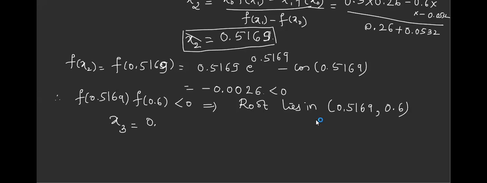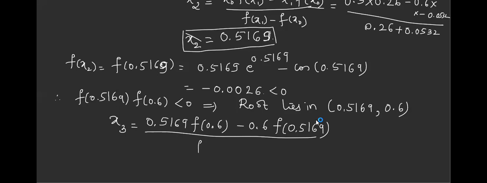Take first value, f of the second: 0.5169, f of 0.6 minus 0.6, f of 0.5169, divided by f of 0.6 minus f of 0.5169. Substitute the values and simplify.